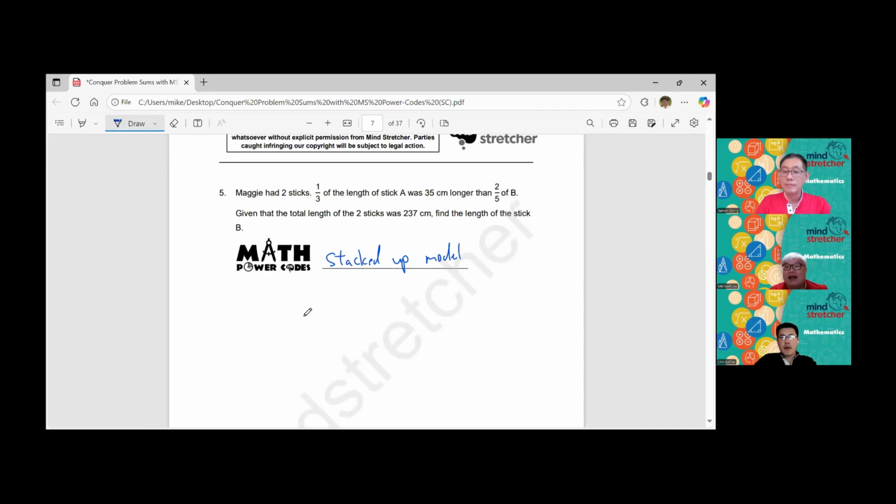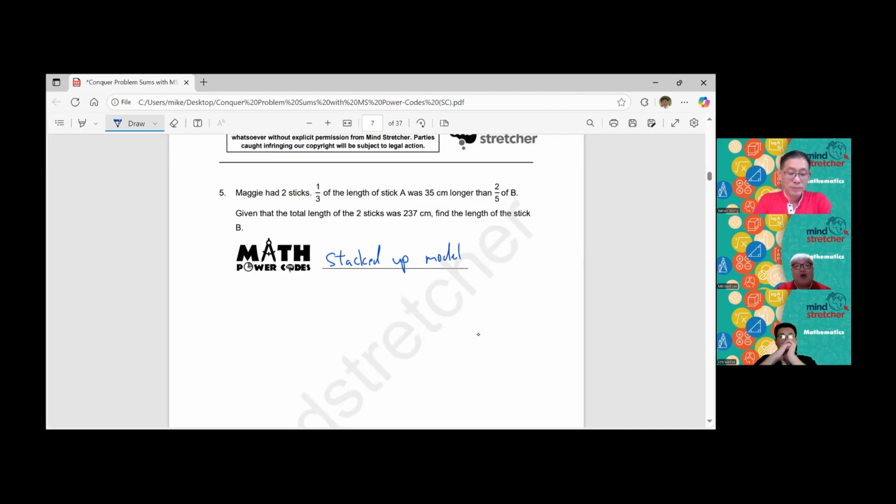I see different kinds of answers, but quite a few of you managed to get it correct. Maybe we'll work this out together first. I see quite a lot of you managed to get the answer correct. I will not tell you what the answer is now, but later after we finish this question, you will know the answer.